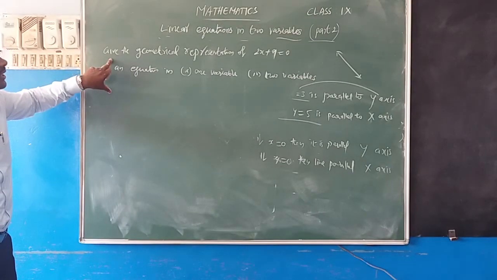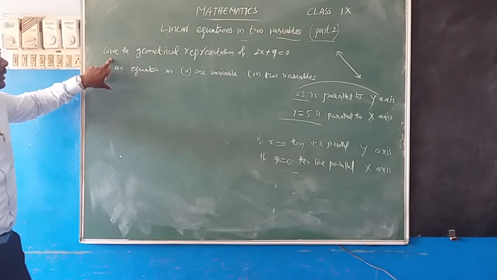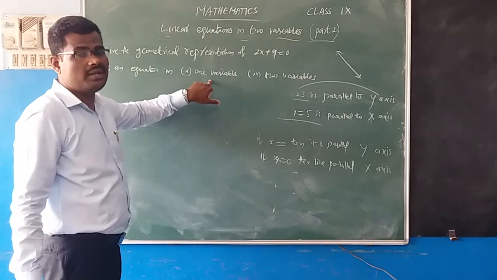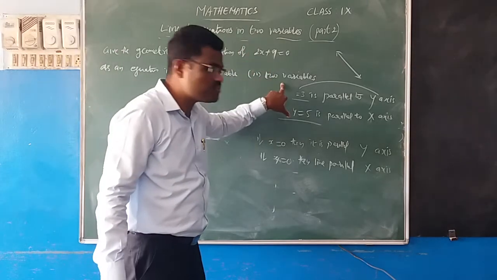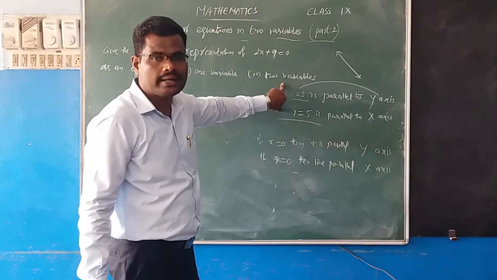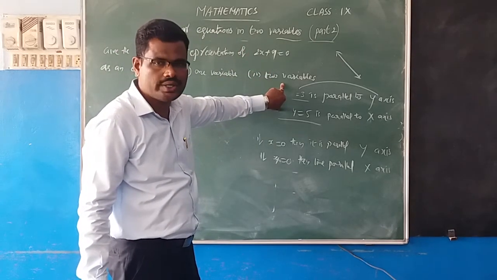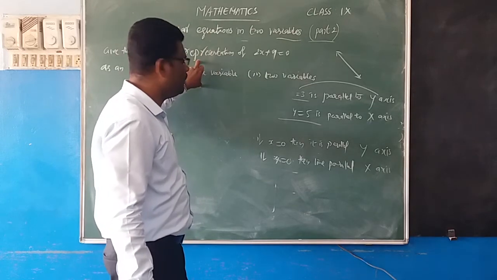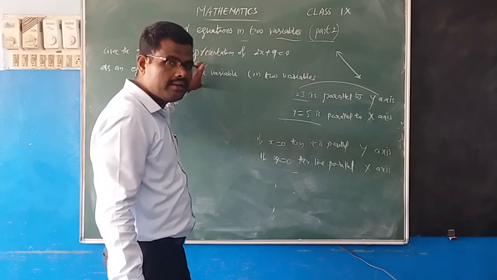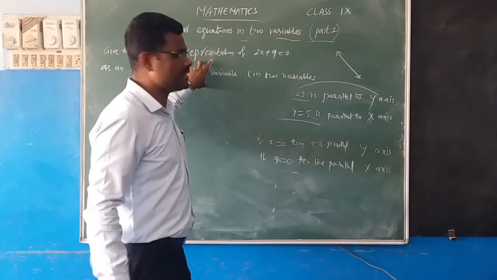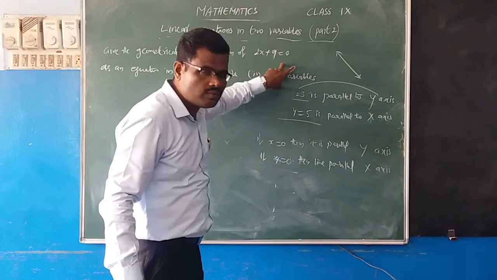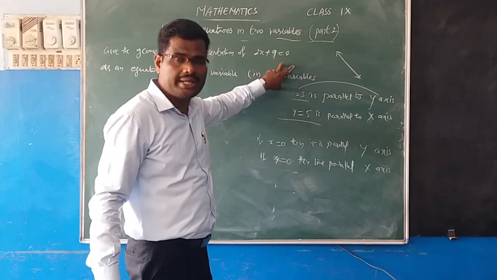If one variable, we need to represent it on a paper. Two variables means we need to represent it on a graph sheet. Understood? One variable means we need to represent it on a single axis, either x-axis or y-axis. Two variables means we need to represent it on a graph sheet.